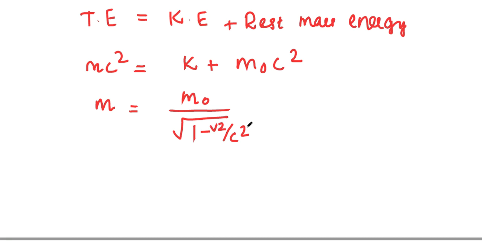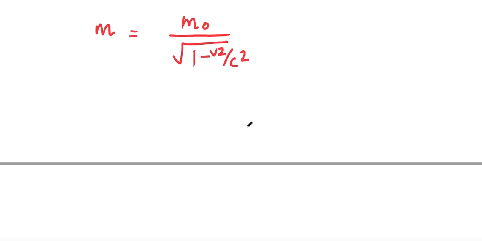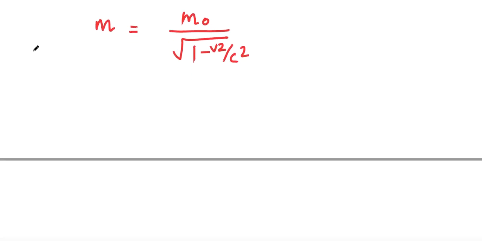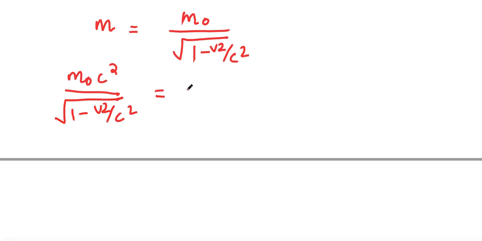This is an equation that we take from relativity. So now we substitute this. What we obtain is m0 c square divided by root of 1 minus v square by c square equal to m0 c square plus K.